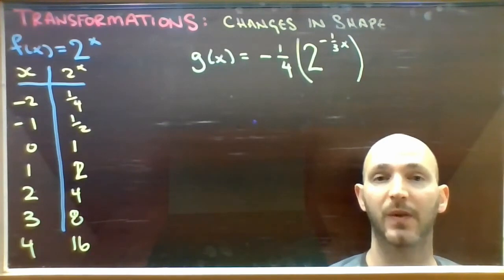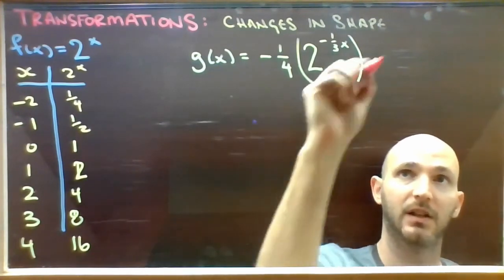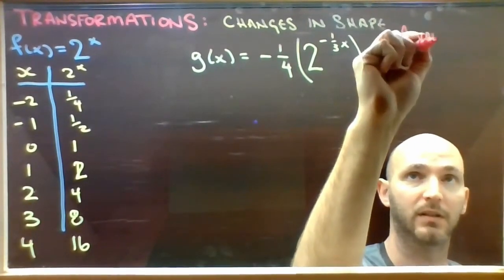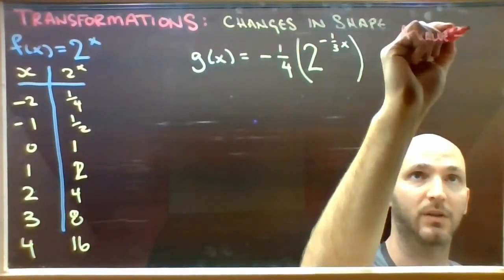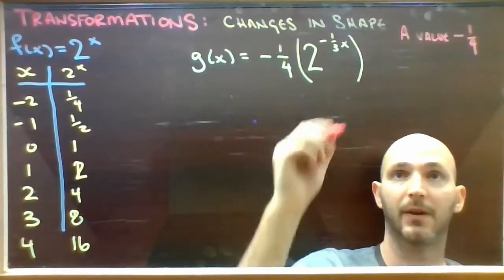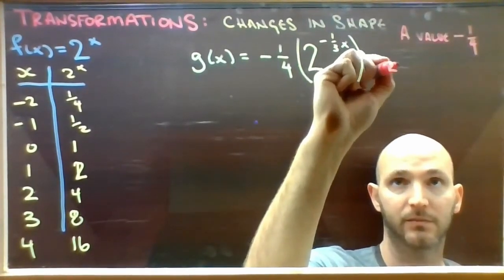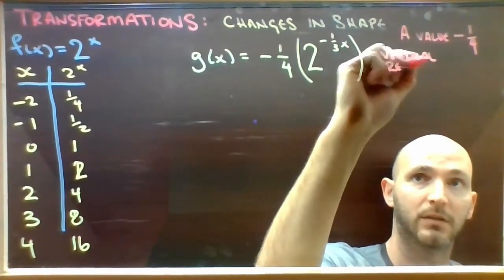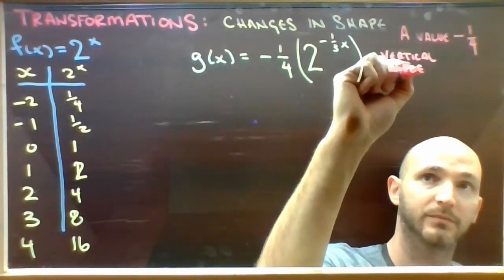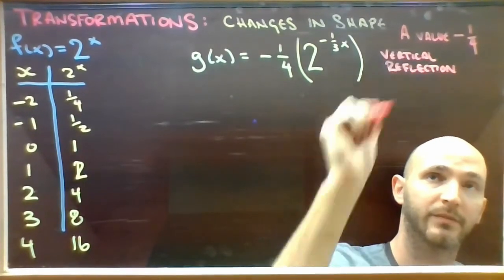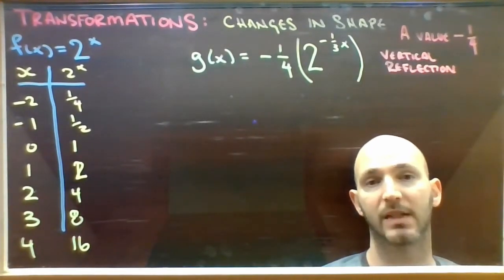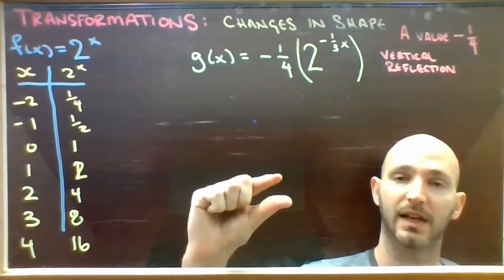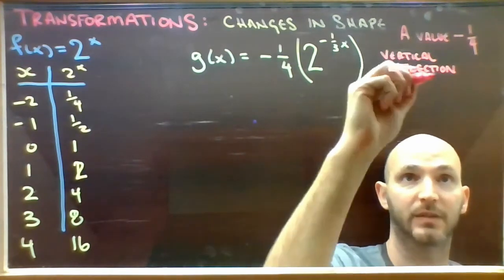So I have both a and k values here. I have an a value of -1/4. Now that is a reflection. This is a vertical reflection. And when an a value is less than 1, it takes all of your values and drags them closer to the x-axis. So that's a compression.